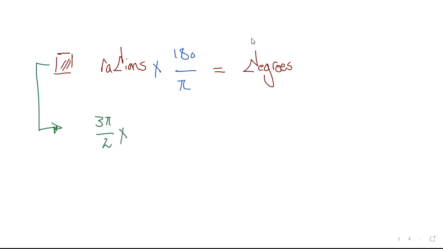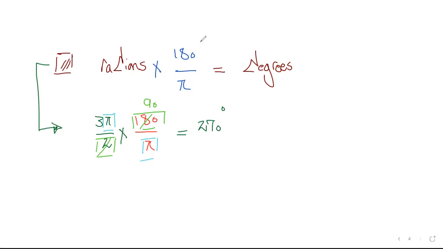We multiply that by 180 over pi. Now, wait a minute. These pi's are common between the two, they can be simplified. And the 2 can also be simplified with 180. Then this one gives me 90. So 3 pi over 2 becomes only 3 times 90, which is 270 degrees.